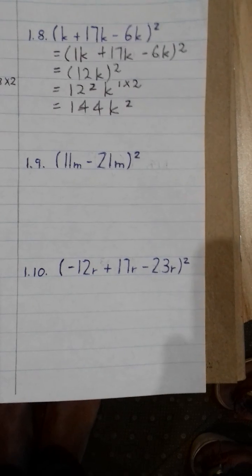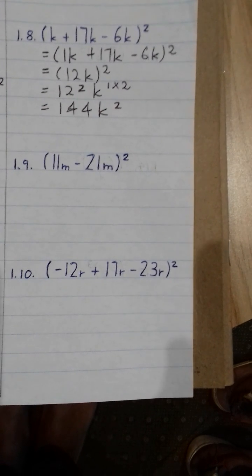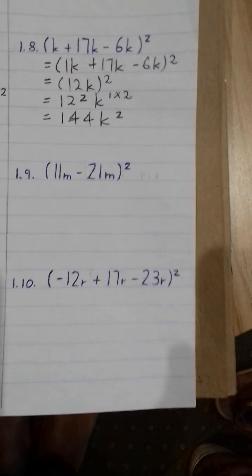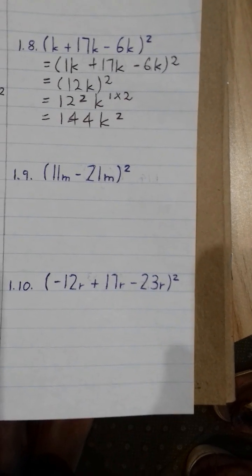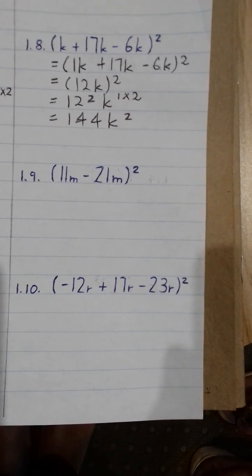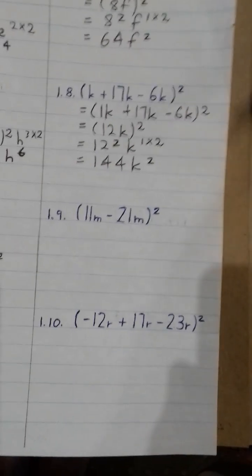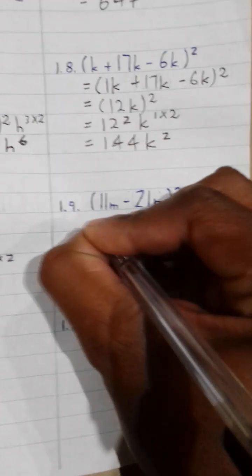1.9, open bracket 11m minus 21m close bracket squared. So first, are they like terms? Yes, they both contain the same variable m. So you deal with the coefficients. 11 minus 21 is negative 10.